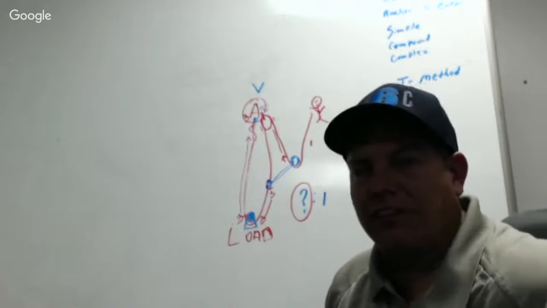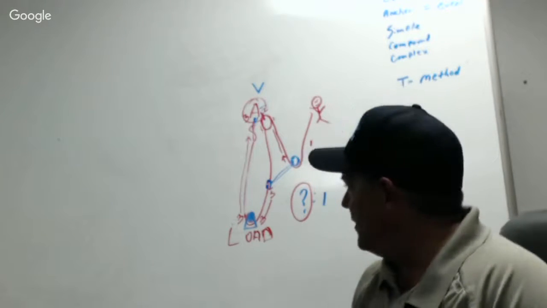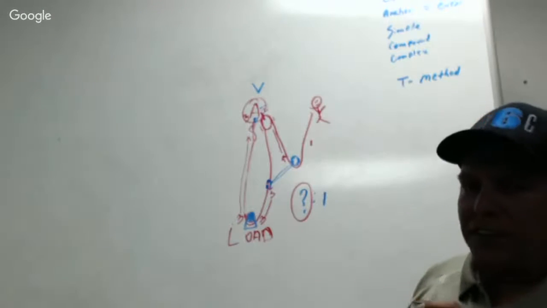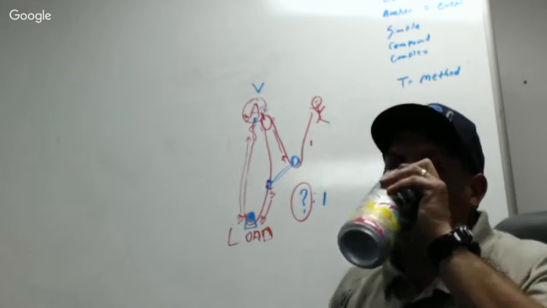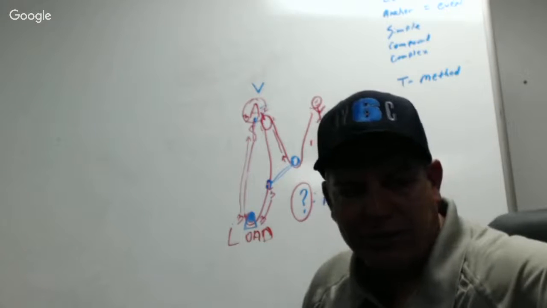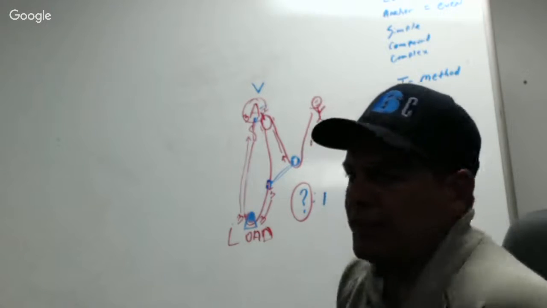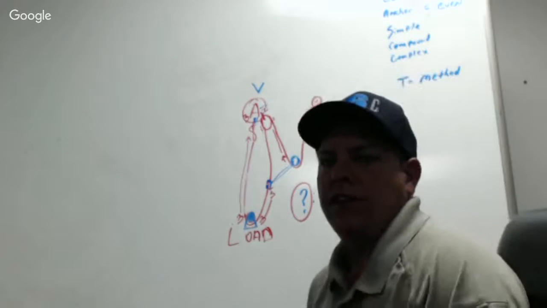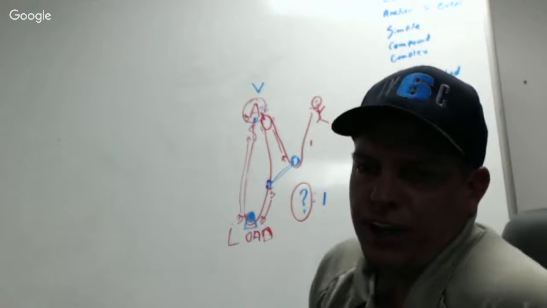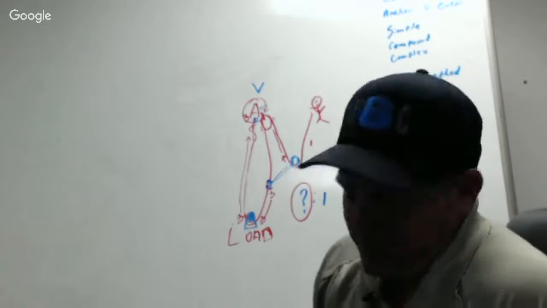All right, I'm going to give you guys a few seconds here to figure out what the mechanical advantage is of that rope. Not the rope, the system. What is the mechanical advantage? Fuzzy, did you put an answer?